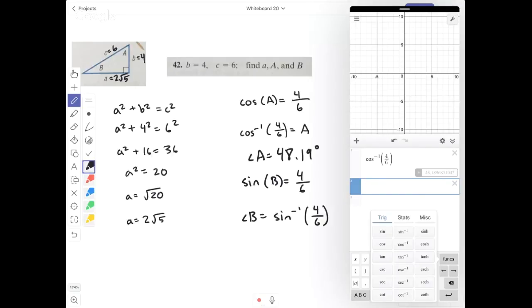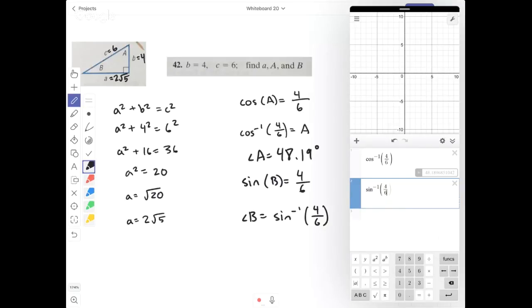And if I do inverse sine of 4/6, it'll tell me that that other angle is 41.81. Angle B equals 41.81 degrees, which of course I could have gotten by subtracting from 90.